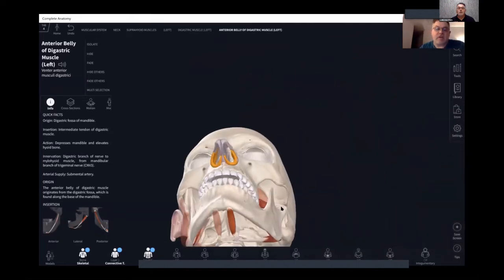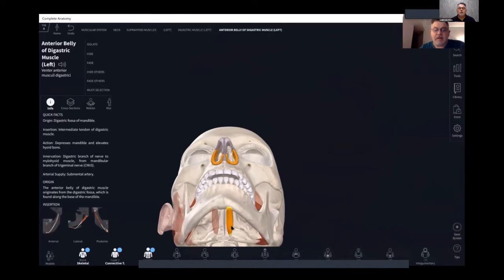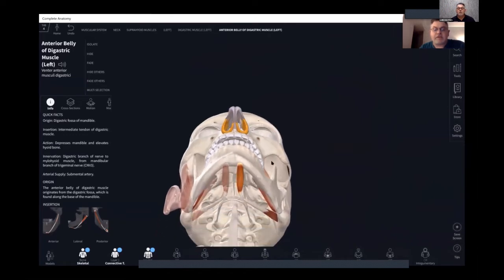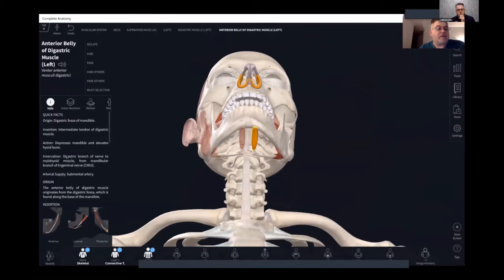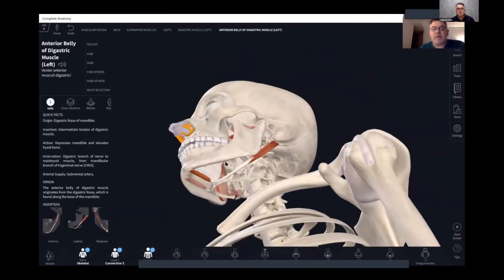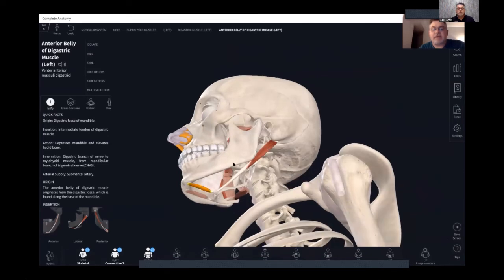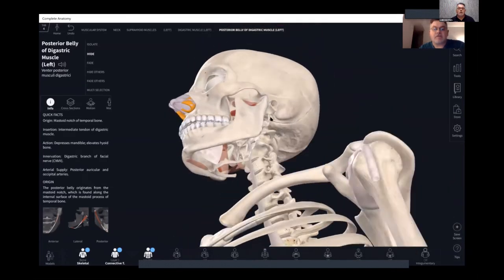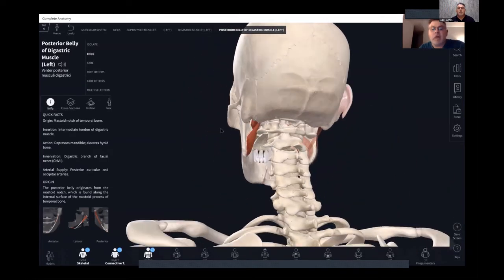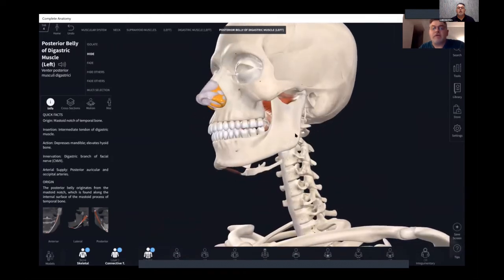So just below the mandible, the chin right there. There is definitely a smaller muscle, but because of their action that depresses the mandible, elevates the hyoid bone, they do play a role in the TMJ. So I do like to include those as potential causative structures.